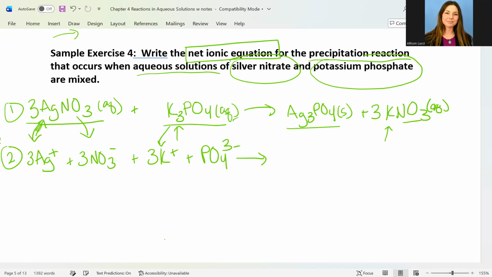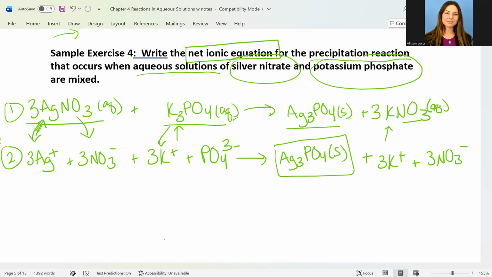And over here on the product side, I'm going to keep my solid together. Even though this is the total ionic equation here, I'm still going to keep together my precipitate, my solid, because that's how it would be in reality. And then I also have my other aqueous product, 3 K+, and 3 NO3-.